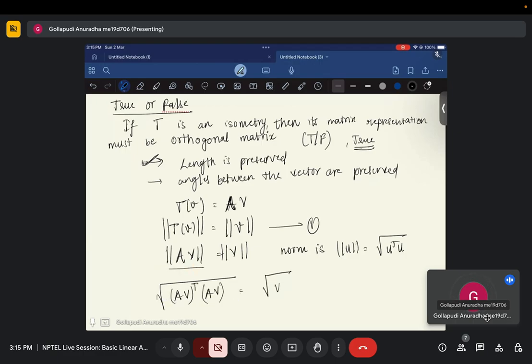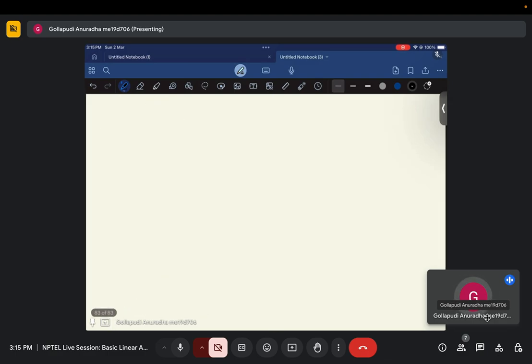This equals V transpose, the same thing here, left hand side, right hand side. So we are trying to prove this. How can I write this? Square root of V transpose, A transpose, and then A and V is equal to V transpose V. I'm just squaring on both sides. Then V transpose A transpose into A into V is equal to V transpose V.